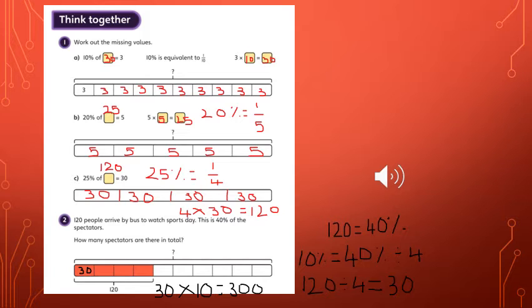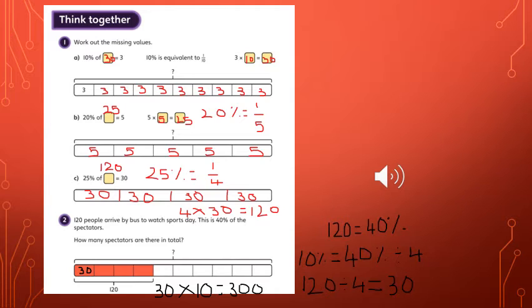Part B asks us to find 20% of a number, which equals 5. I know that 20% is equal to 1/5, and you can see that because the bar model has been split into 5 parts. So I can do 5 times 5 because it's 5 parts to equal 25, and I then know that 20% of 25 equals 5.